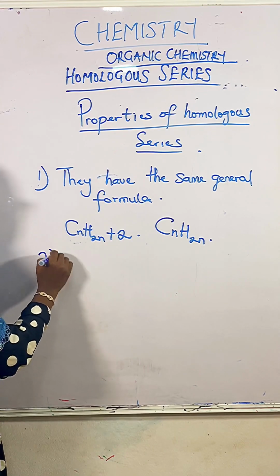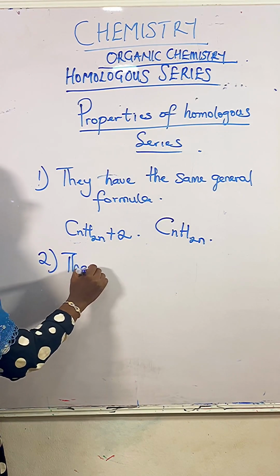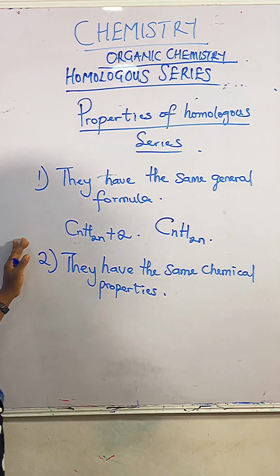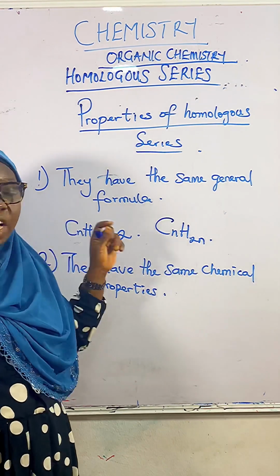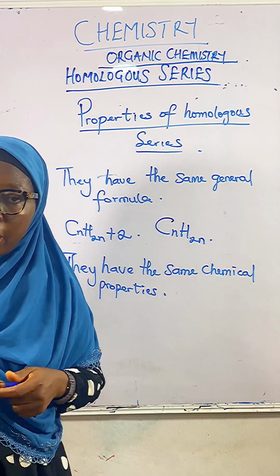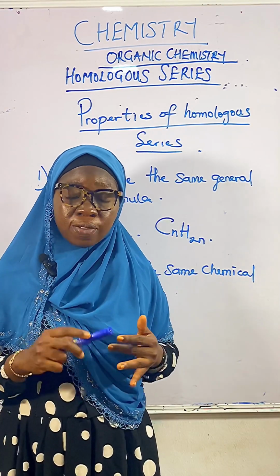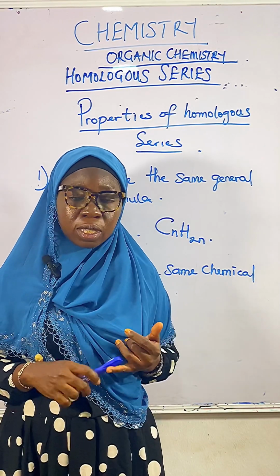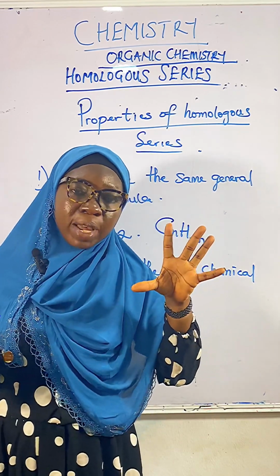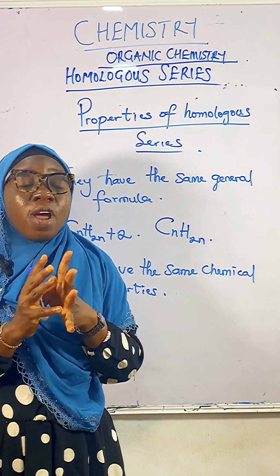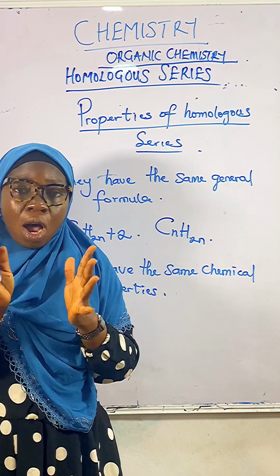Then number 2, they also have the same chemical properties. So what do I mean by this? Remember when I explained methane under alkane, I explained the preparation of methane, the physical properties, and the chemical properties. I only used methane as a case study under alkane.